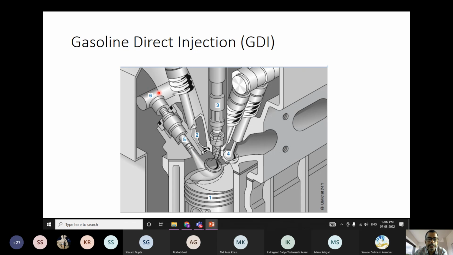Sixth is the rail, in which the high pressure fuel is accumulated and through which the injector is connected. And the valves are here.